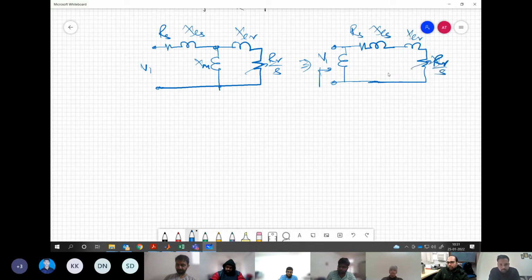Now the question is, yes, we know that this is possible, but when is it valid and when is it not valid? When can you say that yes, this approximation holds very good, and under what condition do you say that no, this is not a very good approximation? Yes. So when the magnetizing current value is very less compared to the load current value.